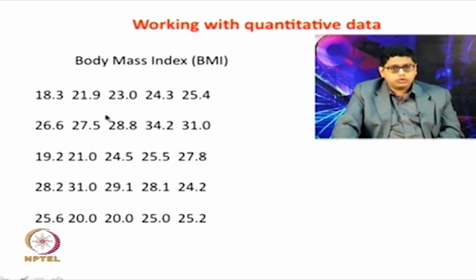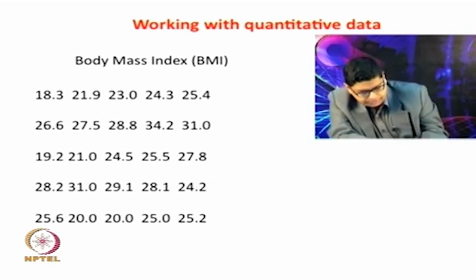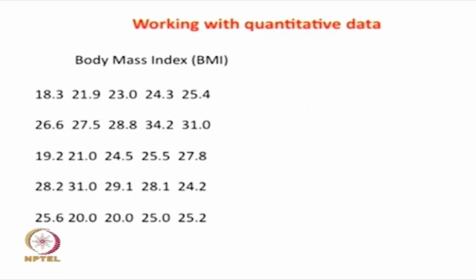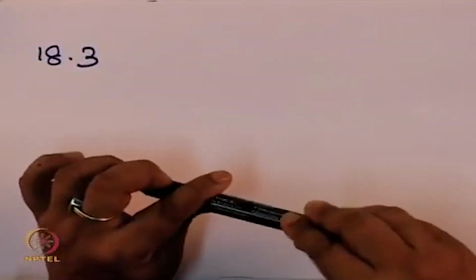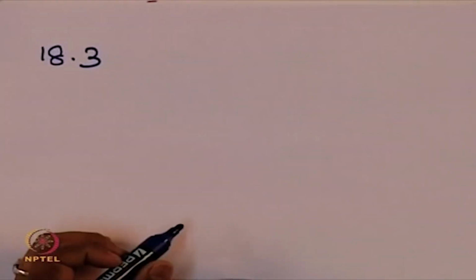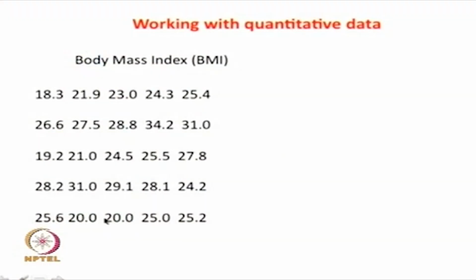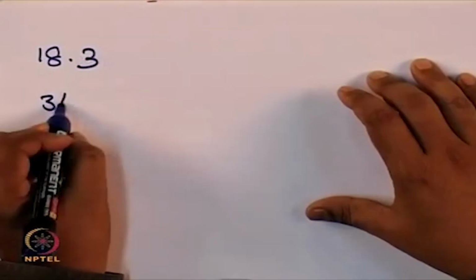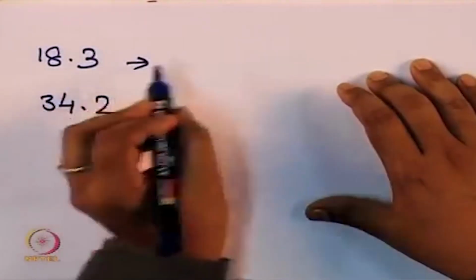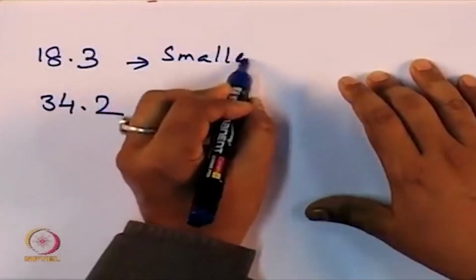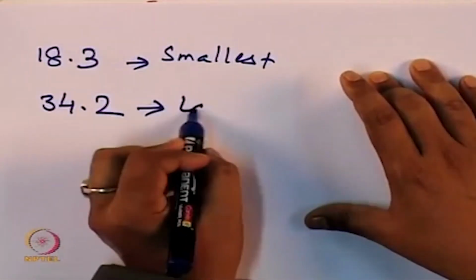I can go through this list, and I think the smallest value is 18.3, and the largest value is 34.2. This is smallest, this is largest.